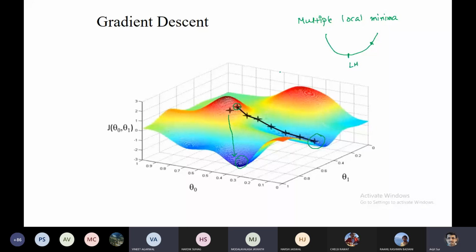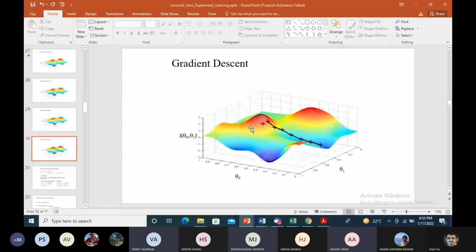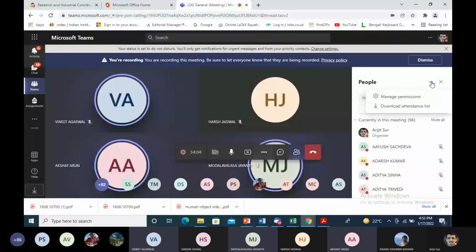Sir, our aim is that given a linear hypothesis h of theta, we have to minimize J of theta, right? So we want the cost function, the error, to be as small as possible. What is the significance of m in the definition of the cost function?